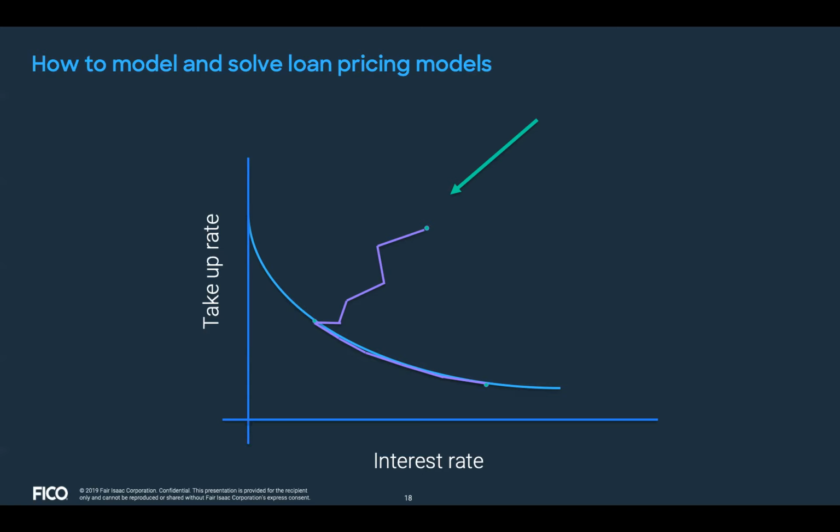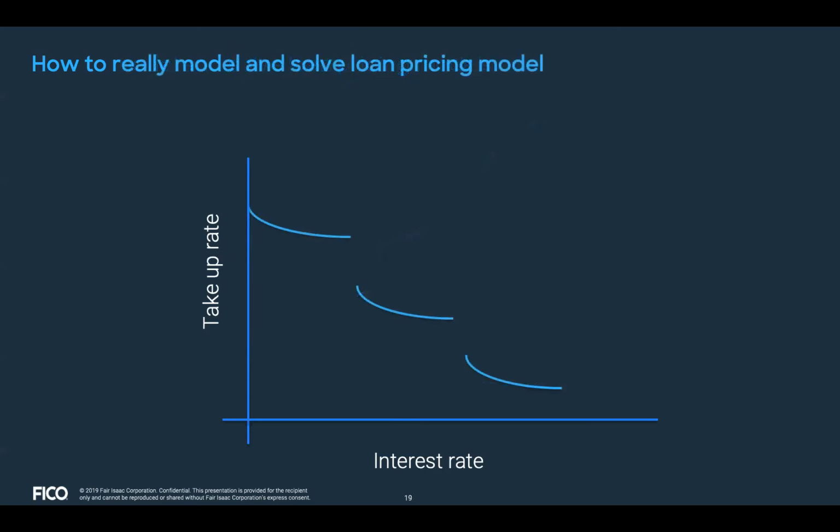The challenge is the situation isn't like this. If you look at a realistic take-up rate versus interest rate model, it looks like this. Yeah. So if your competitors in the market, if your interest rate increases too much, you will see suddenly a significant drop in take-up rate because there's a competitor with a better offering. And it's even worse, actually, because interest rates are not even continuous.